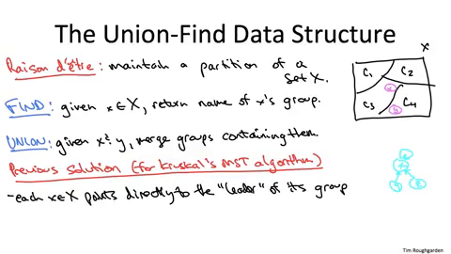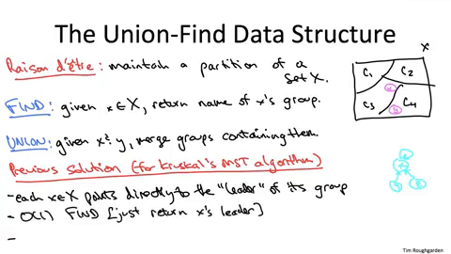So for example, on the right, I'm showing you a group with three objects, X, Y, and Z, and X would be the leader of this group. All three of the objects point directly to X, and that would just be the output of the find operation, the leader of the group. We use that as the group name. Now, the part which is cool and obvious about this approach is our find operations take constant time. All you do is return the leader of the given object.